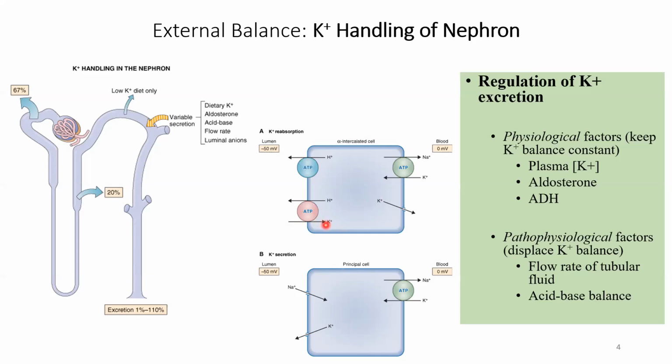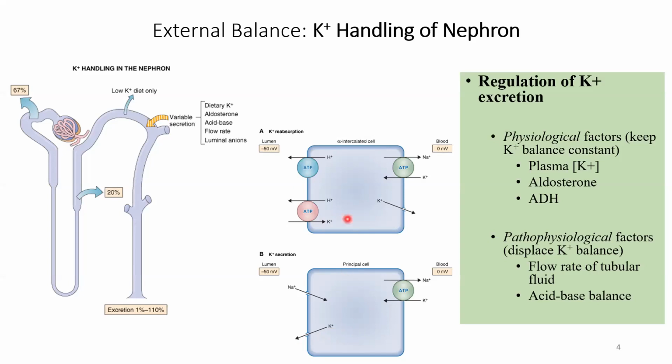Your diet is low in potassium. You cannot afford to excrete any more potassium than you have to. So you will reabsorb most of the potassium that comes the way of the DCT, and the secretion will be snubbed in this scenario.